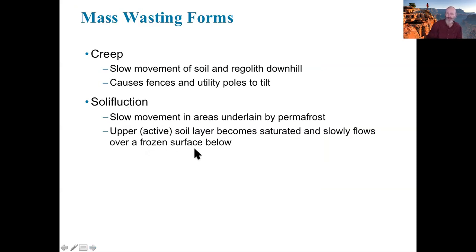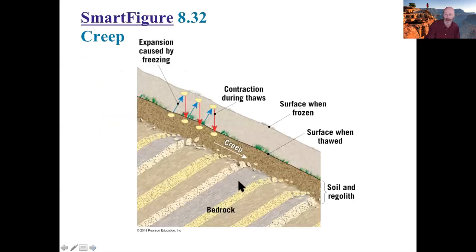One of the places this often happens is the tundra area, where we have permanently frozen soils and surfaces. Creep is what happens when you see the utility pole that used to be straight up and now it's leaning and leaning and leaning. Those kinds of things cause things to tilt, and at a certain point, of course, things have to be dug up and put back in.